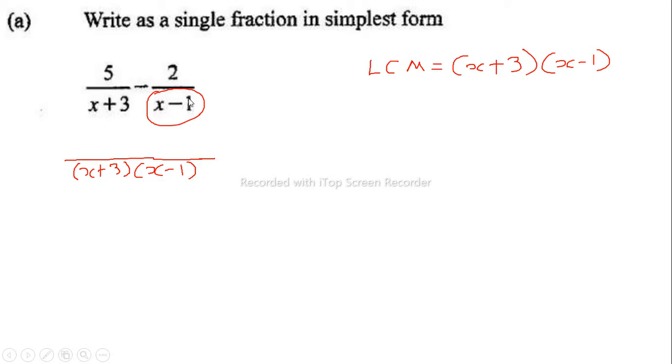Strictly by hand, no calculator. Okay, go ahead. What times x minus 1 is going to give us x plus 3 times x minus 1?